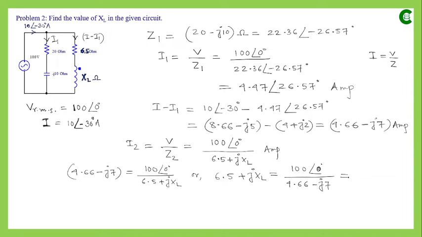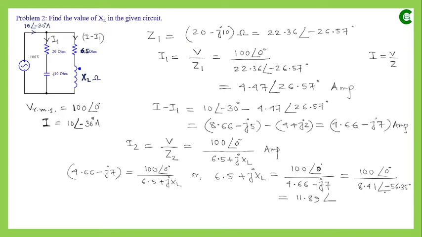Now 100 at 0 degree is given in polar form, and this needs to be converted to its equivalent rectangular form. If we do that, then we will get a value like 8.41, and the angle will be 56.35 degree. Now if we simplify further, 100 divided by 8.41 will give us 11.89.